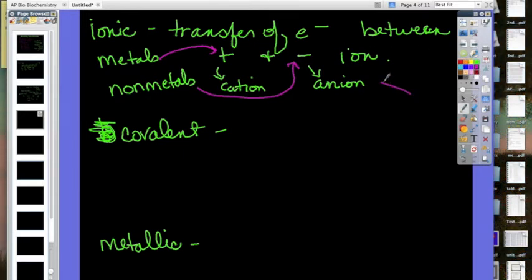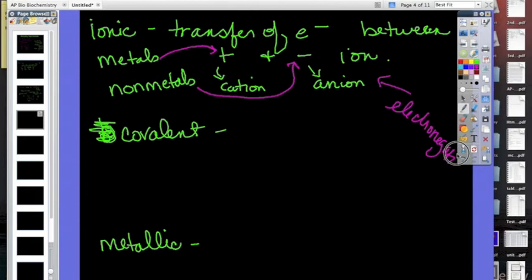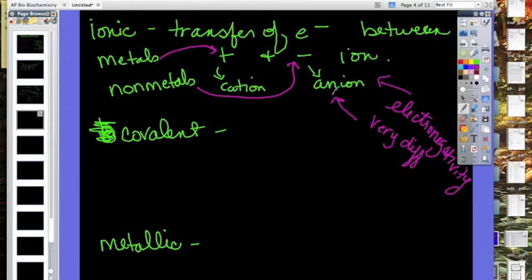The reason this happens is because of electronegativity. Okay, electronegativity, if it's very different, then you're going to have this kind of bond. You're going to have an ionic bond.